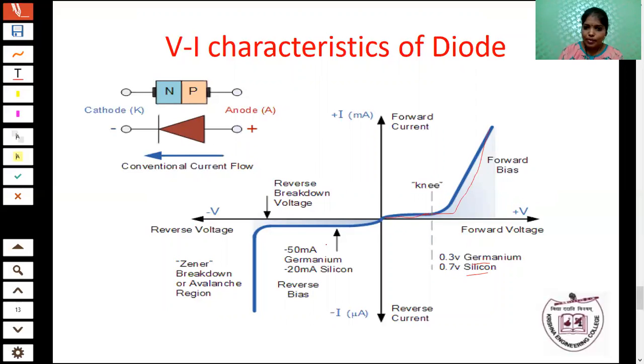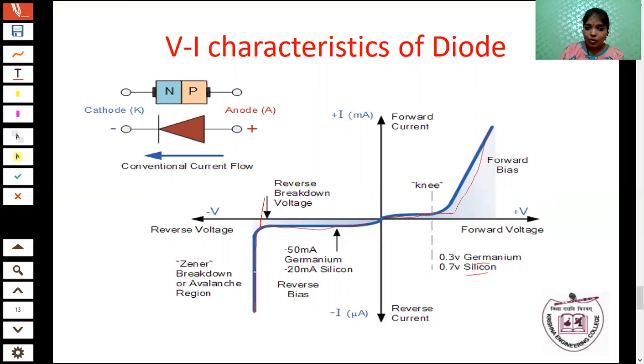So during the reverse bias condition, you know that there will be no current because of the majority carrier. But due to the minority carrier, there is a small amount of current flow. The current flow is in terms of nano amps. Okay, once the reverse bias voltage is increased above this breakdown voltage, what will happen? Suddenly a large current flows in the PN junction diode.